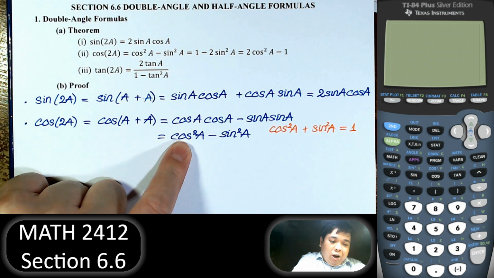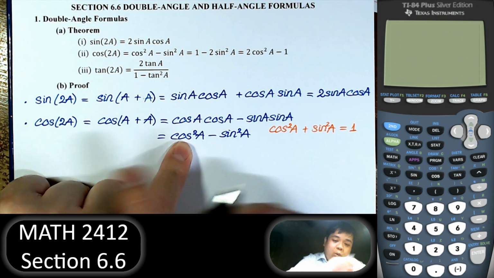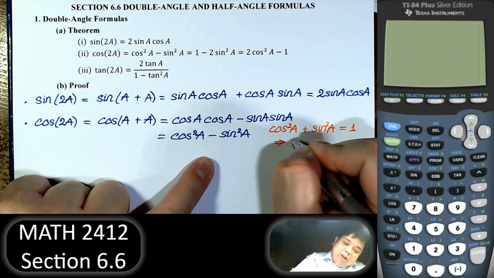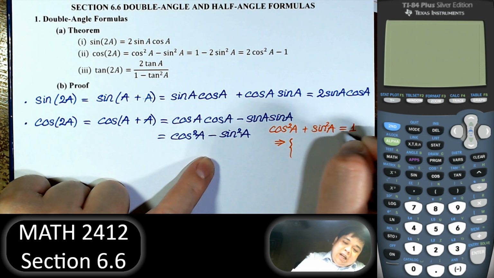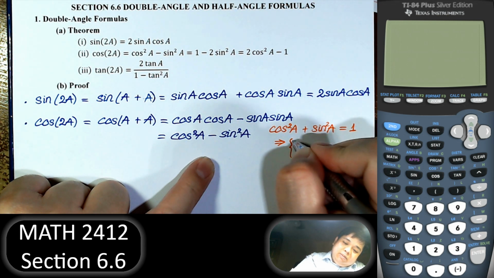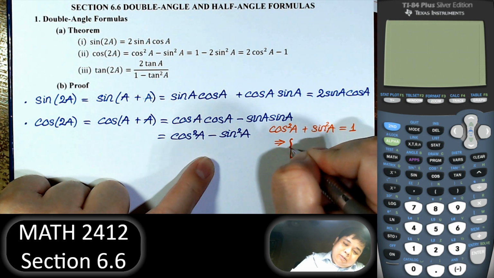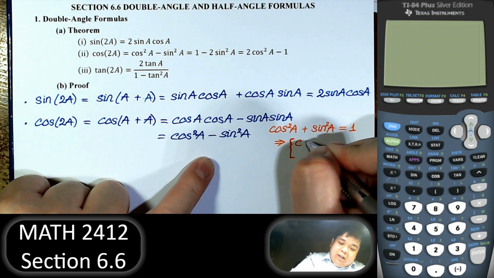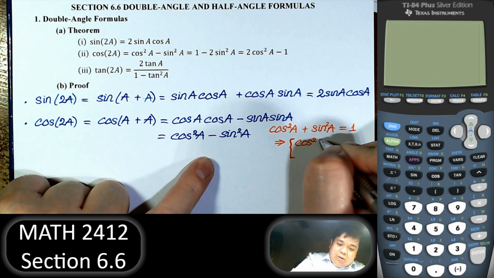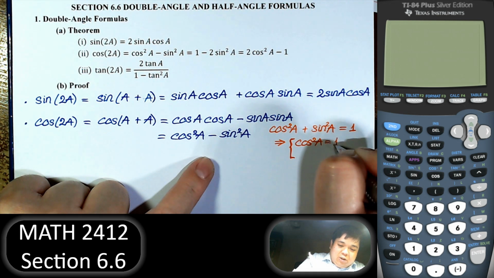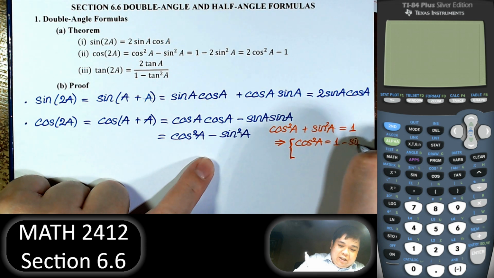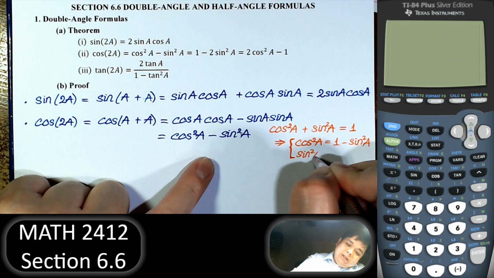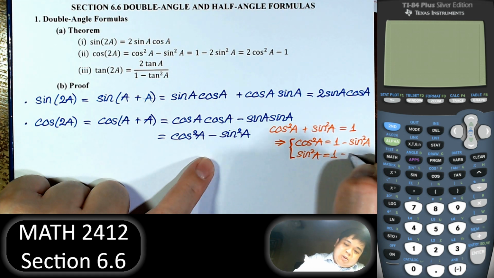Now if we want to replace the cosine or the sine, from this we have two: either cosine square is equal to 1 minus sine square, or sine square is equal to 1 minus cosine square.